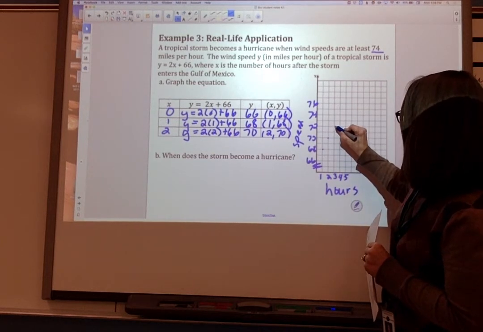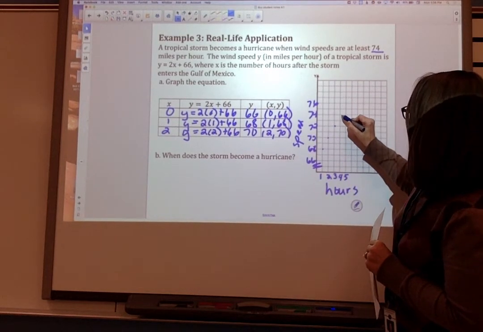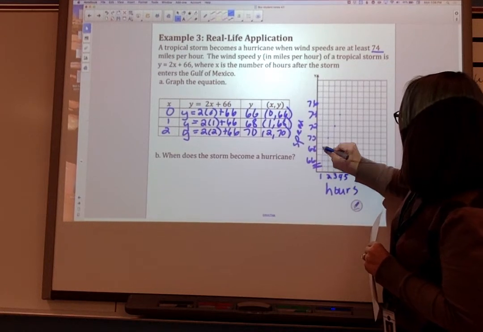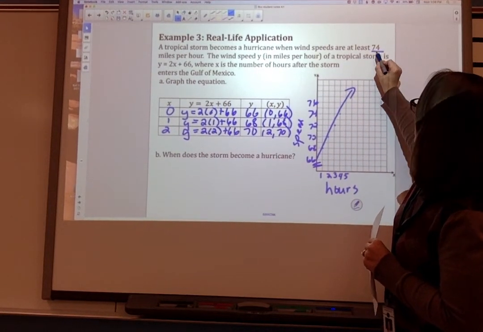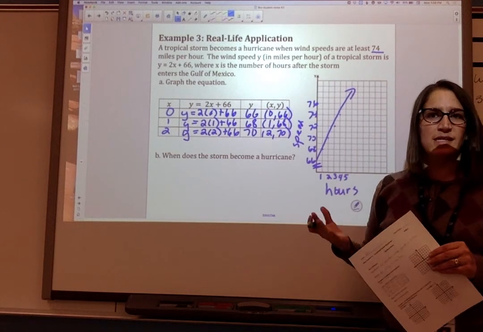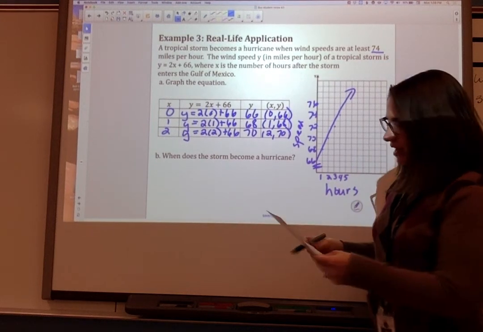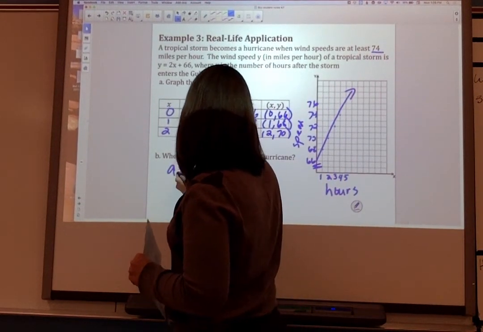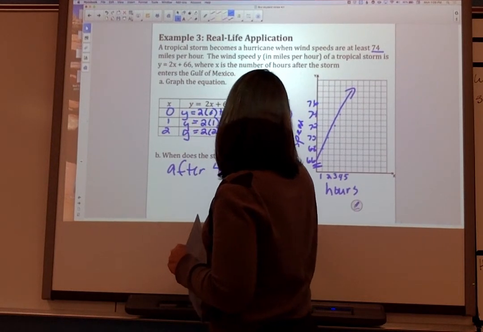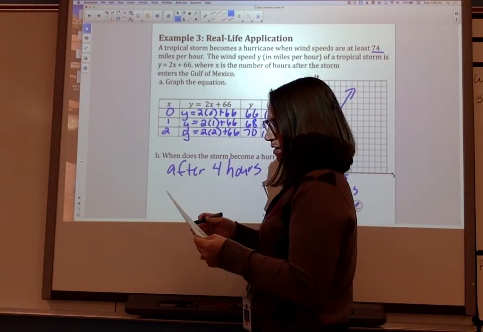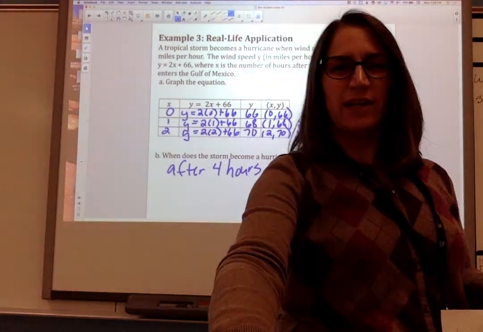So 3, we'd be at 72, and 4, we'd be at 74. That is a key number because that is what we're looking for, at what time does this become a hurricane, which would be after 4 hours. All right, so go ahead and try a few on your own, and I will see you soon.